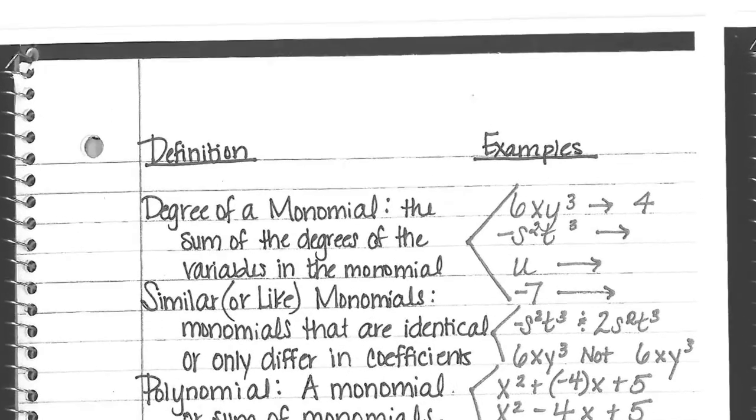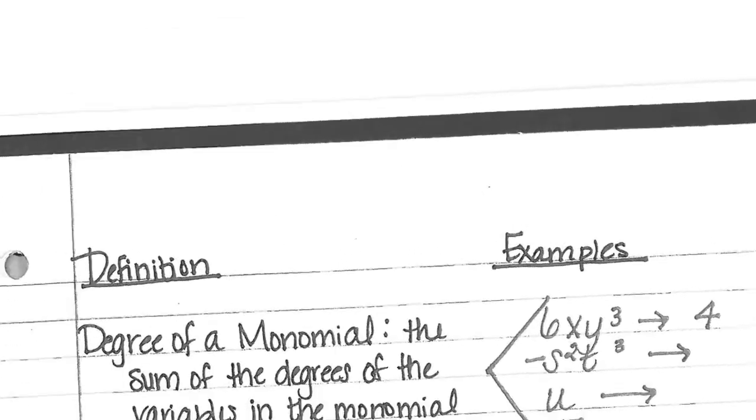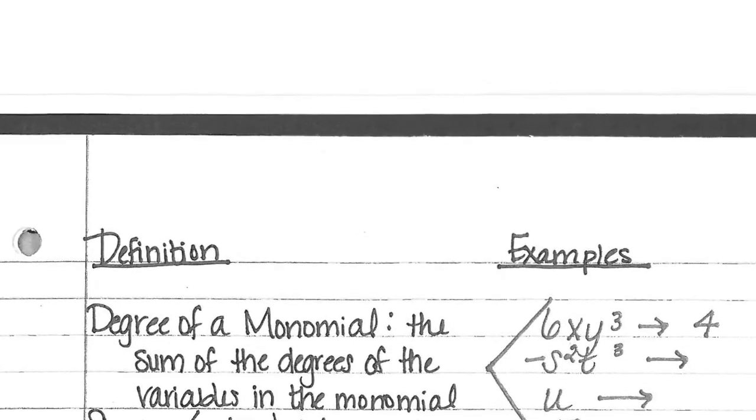All right, there's a lot to see, so let's just take it one at a time right here. Degree of a monomial we just talked about. The degree is the sum of the degrees of the variables in the monomials. So like this one we just went over is 4, because remember that is x to the first. The next one we have a 2 and a 3.